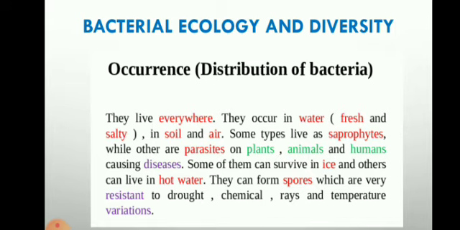They can form spores which are resistant to drought, chemicals, and temperature variations. That's why they can live anywhere: they form spores to protect themselves, and they can resist drought, chemicals, and temperatures for a longer period of time.